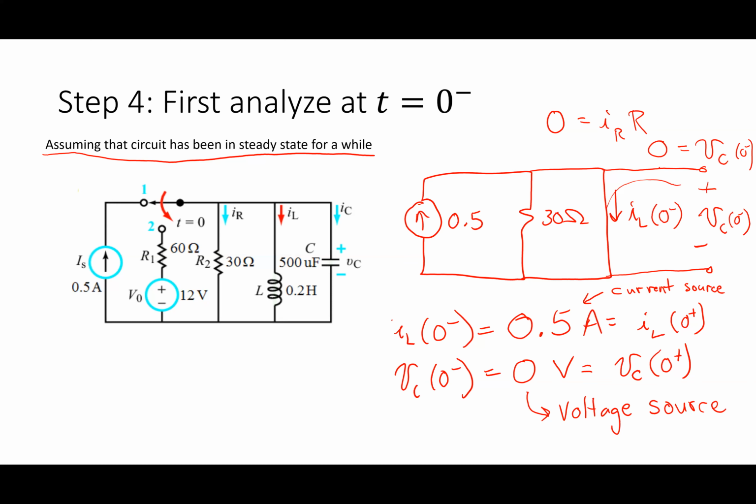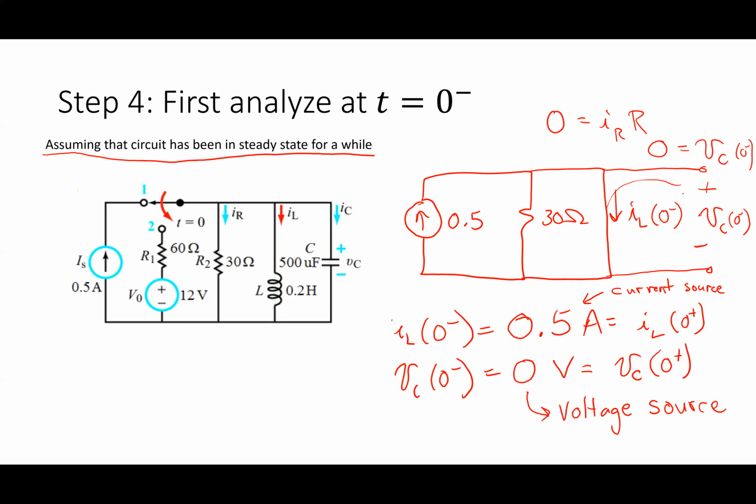What if you were to consider the entire top portion as one node, like a node voltage analysis? Nodal analysis would be another thing I could do, and it would give me the same result.